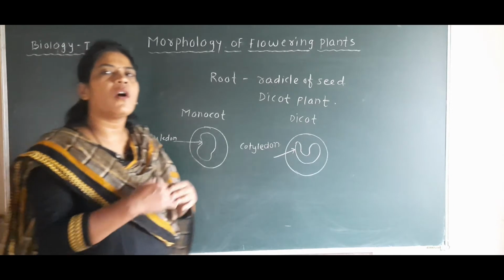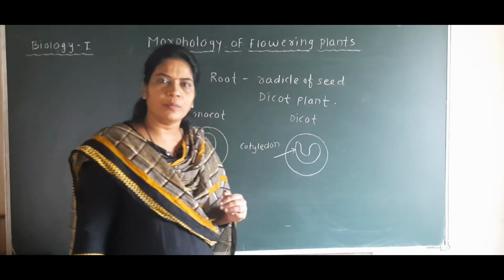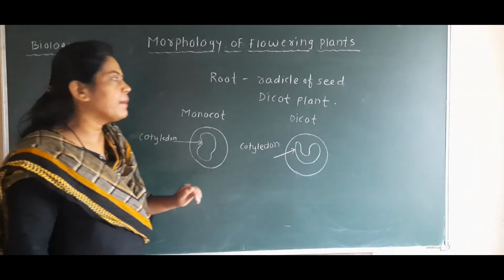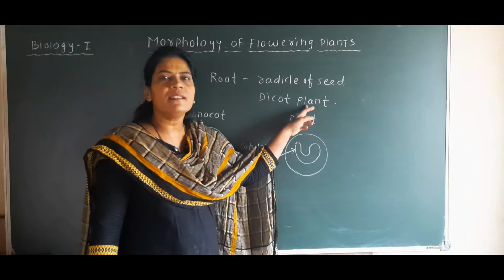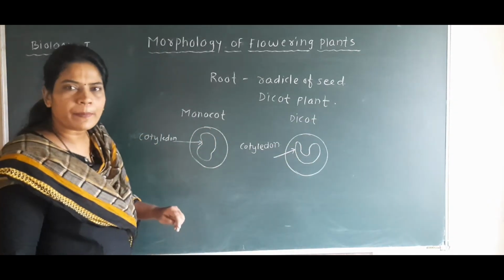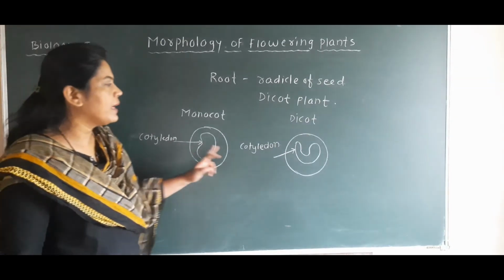There are various other differences, but we will discuss them in detail in the angiosperms topic. But at the primary level, dicot plant means the plant whose embryo has two cotyledons, and monocot plant means the plant whose embryo has one cotyledon. This is the major difference.